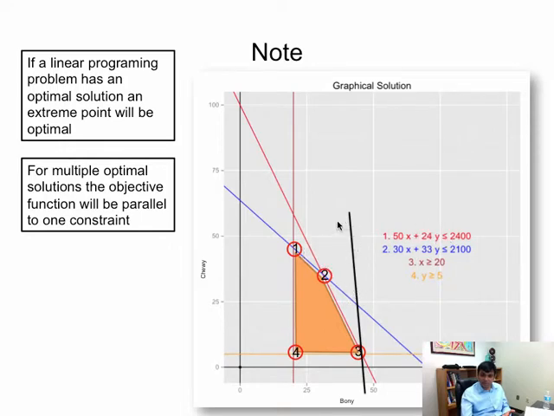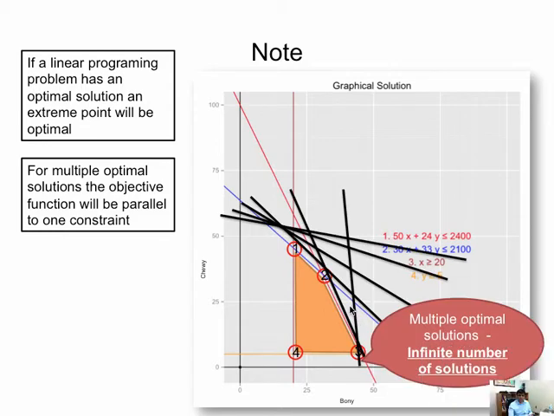In that case, this line will overlap our red line and intersect points 2 and 3 at the maximum point. So of course 2 and 3 are two possible solutions, but every point on this line is a possible solution. That's where it is possible to have multiple optimal solutions, and an infinite number of them, because there are infinite points on a given line.